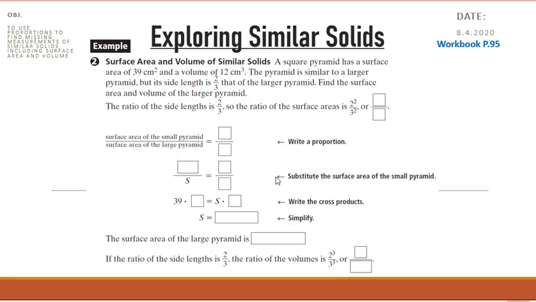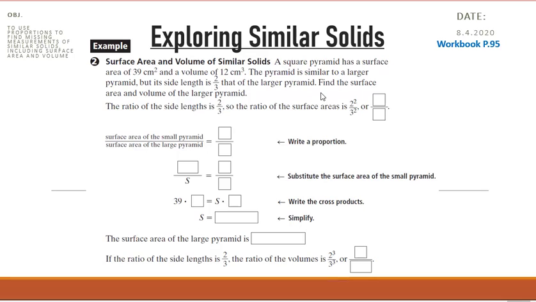In the next example, we have a square pyramid with a surface area of 39 square centimeters and a volume of 12 cubic centimeters. The pyramid is similar to a large pyramid, but its side length is 2/3 that of the large pyramid. So this is the ratio of the corresponding dimensions.